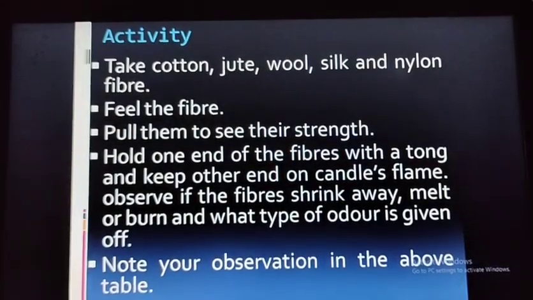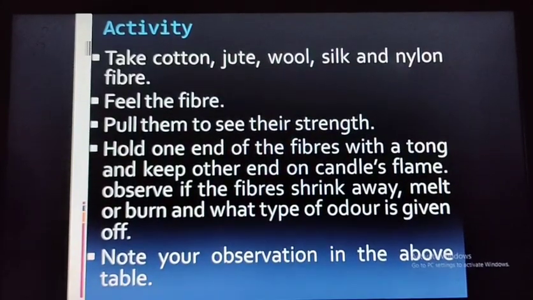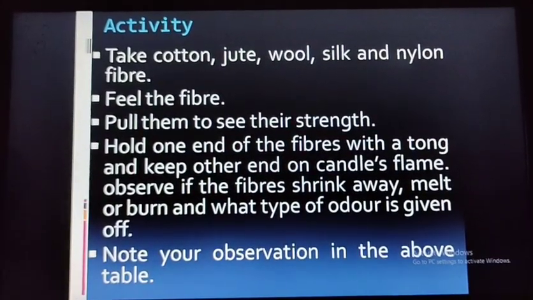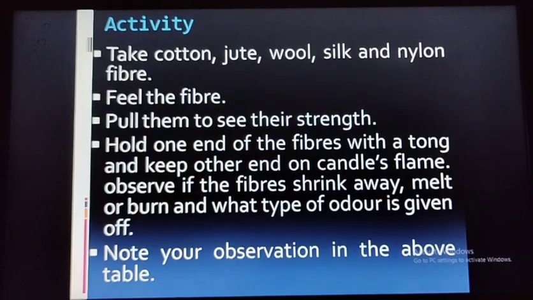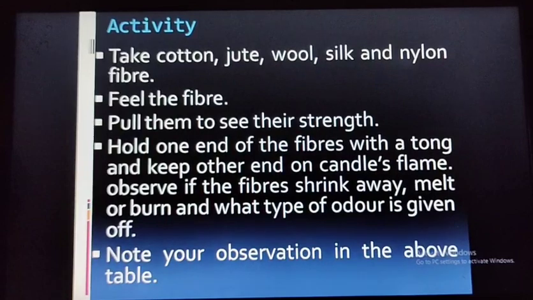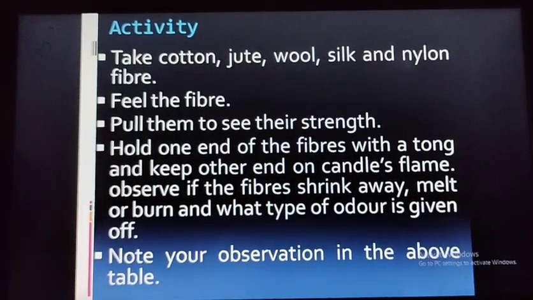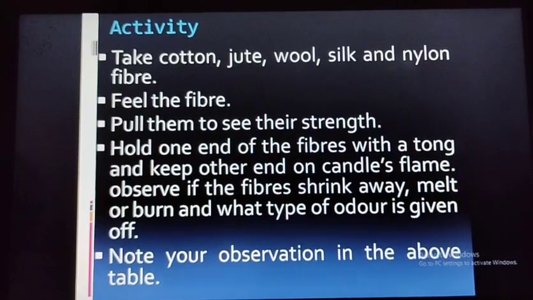Now our activity is to take cotton, jute, wool, silk and nylon fiber, feel the fiber, pull them to see their strength, hold one end of the fibers with a tong and keep the other end on the candle's flame.